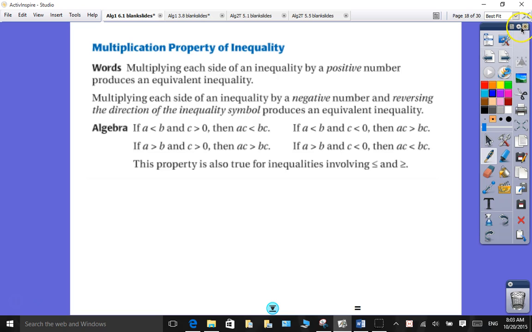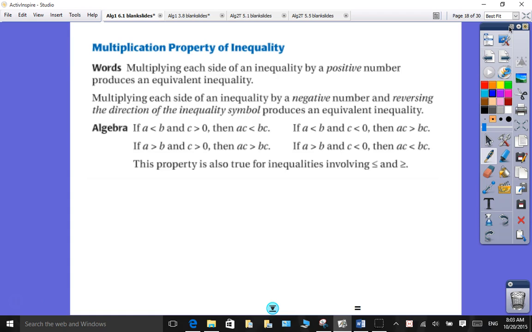But that's kind of why, remember when we were solving equations and if we had a variable term on one side and a variable term on the other, we always said move the smaller variable term to the other side because that left a positive coefficient. Well, when you solve inequalities, that makes a big difference because if you create a negative coefficient, you're going to have that issue.